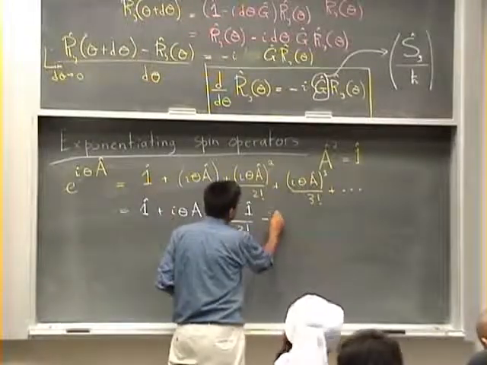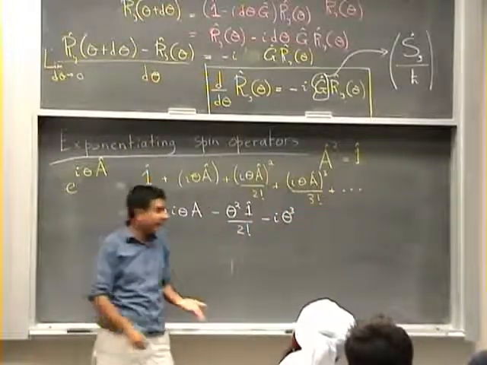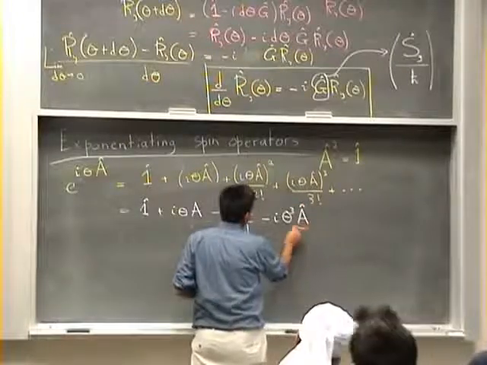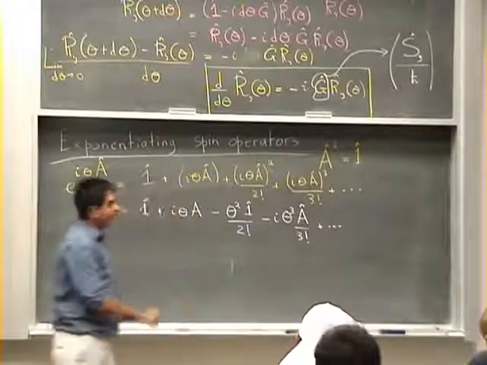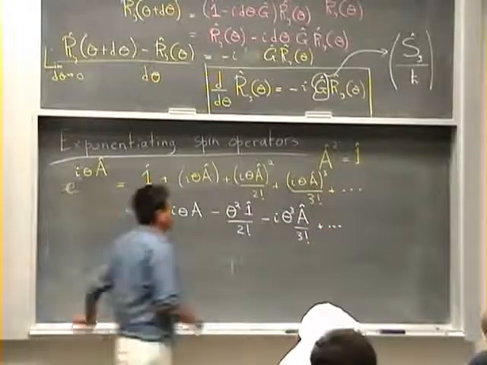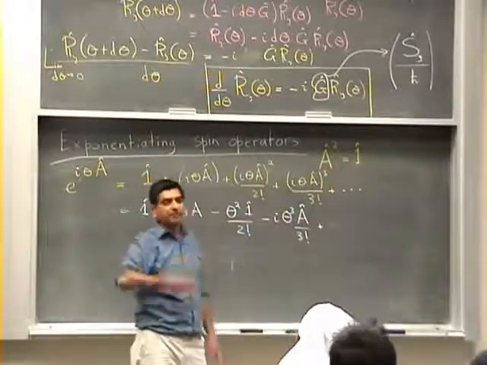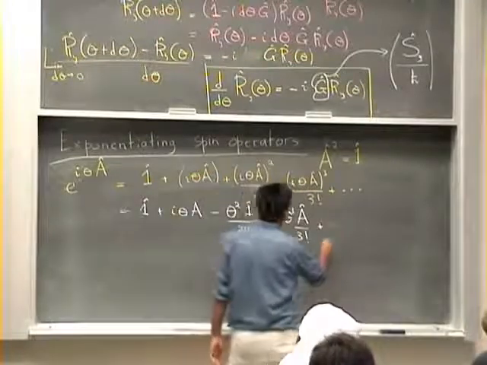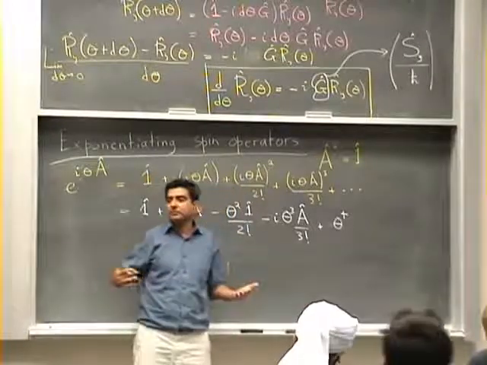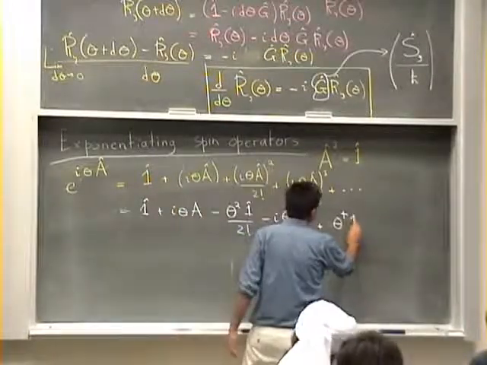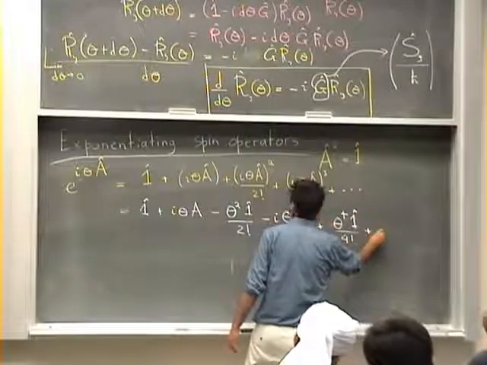So I put minus iota here, theta cube. What is A cube? A cube is A, over 3 factorial and so on. Let's put in another term. I get I4. I4 is I squared square, which is plus 1. Plus 1 theta 4. A raised to power 4 is identity. So I put identity matrix here over 4 factorial and so on.